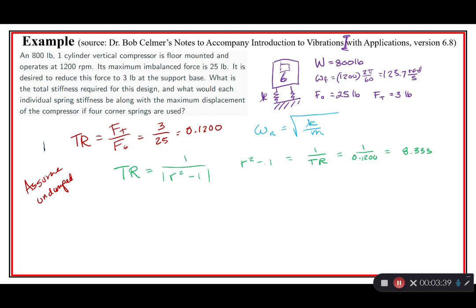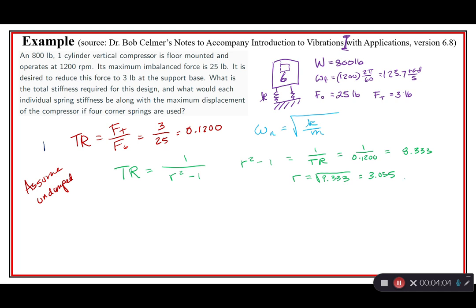And you can see that we're just going to add the other side, and we're going to get an r. It wouldn't make any sense to have this plus or minus, so we don't really even need that, do we? So we take the square root of 9.333. It ends up being 3.055.